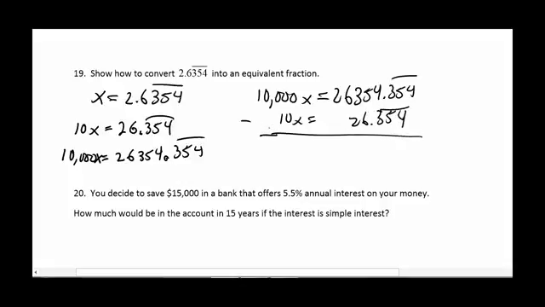The idea is that the repeating pieces are going to cancel each other out. And so I get 9,990x equals 26,354 minus 26, so equals 26,328.